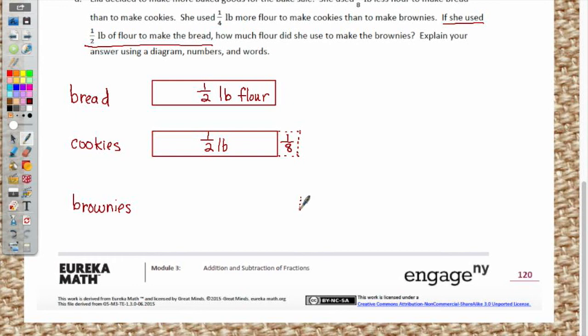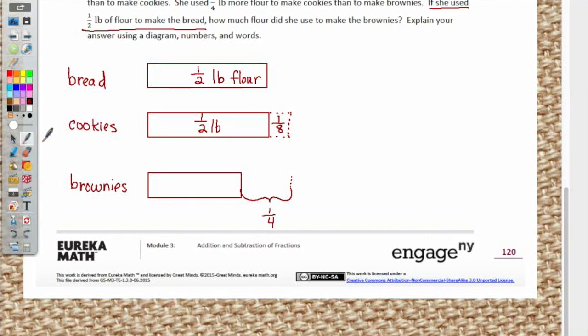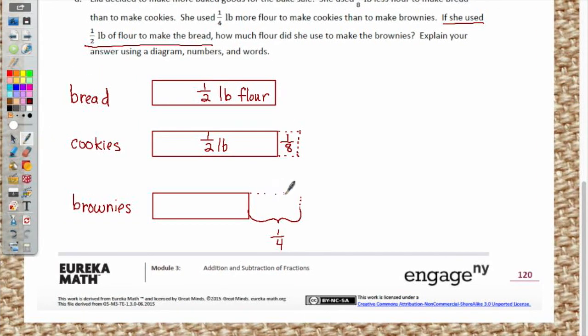And we're going to subtract 1/4, so I'm going to do this. And I haven't even made my tape diagram yet, have I? So now I'm going to put that on, and my tape diagram is going to go to the end of this bracket, to the best of my ability. Does it have to line up? Okay, so that's how much is for brownies, but we don't know it.